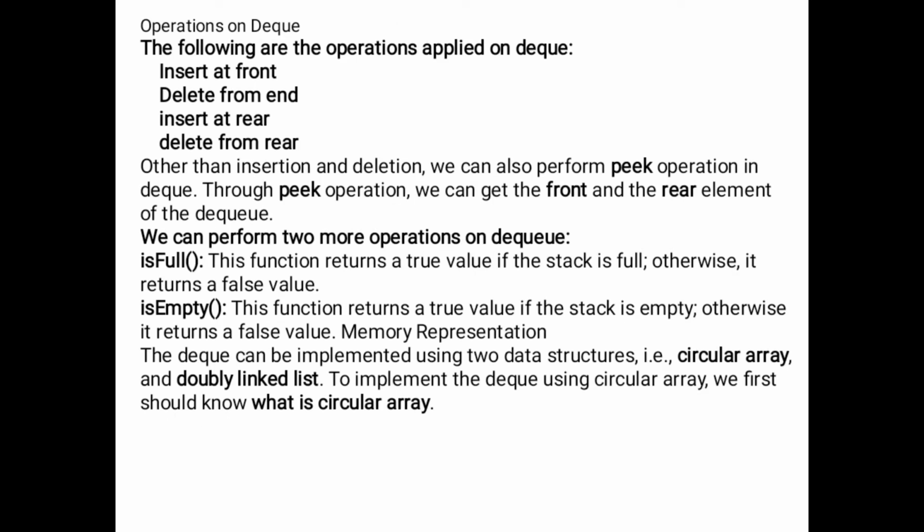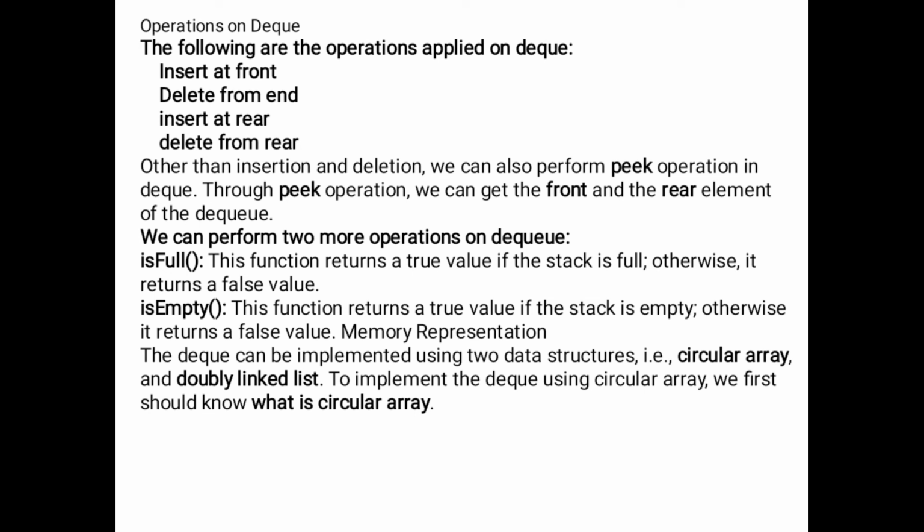Then what are the operations? The following operations are applied in a deque. Insert at front is the first operation, then delete from front, then the second operation insert at rear, the third operation delete from rear. So these are the four types of operations done in a double-ended queue.